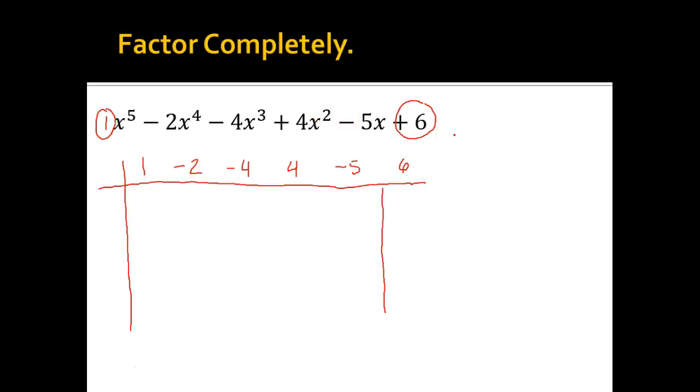So all the factors of 6, both positive and negative, matched up with all the factors of that 1. In this case, it's going to be pretty easy because it's a 1. If it was a bigger number, then there would be some fraction answers here. But take all those, put them together, and the potential rational roots.